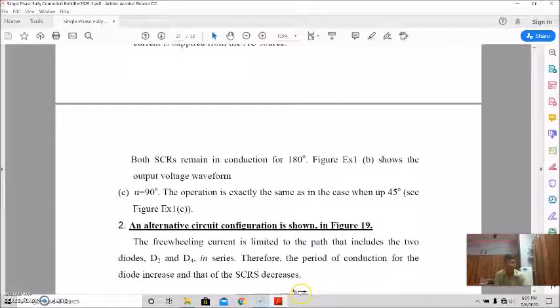Okay, let us think about it. How can this arrangement be done? What we have done is taken one thyristor and one diode in series, and across it another thyristor and another diode in series to form the bridge. Can we reshuffle this arrangement? If we can, then we will get an alternative circuit configuration without sacrificing the properties and the output of the circuit.